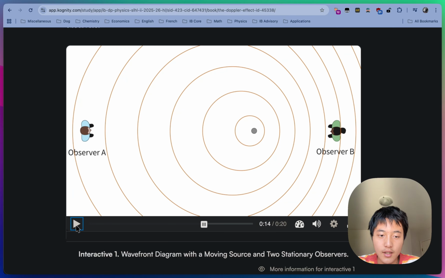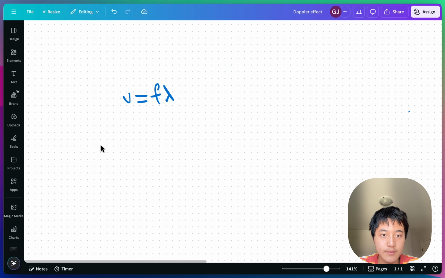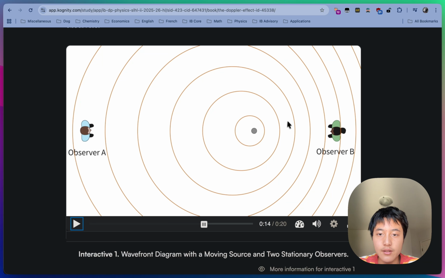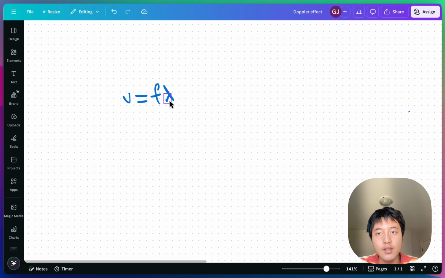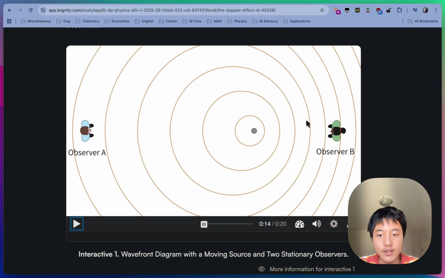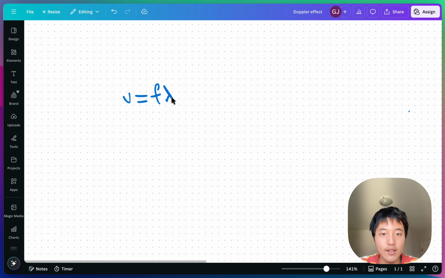We can see that the wavefronts are shorter for observer B, but longer for observer A. The distance between the wavefronts is the wavelength, so wavelength is the variable that's changed here, and the wave speed is the same.